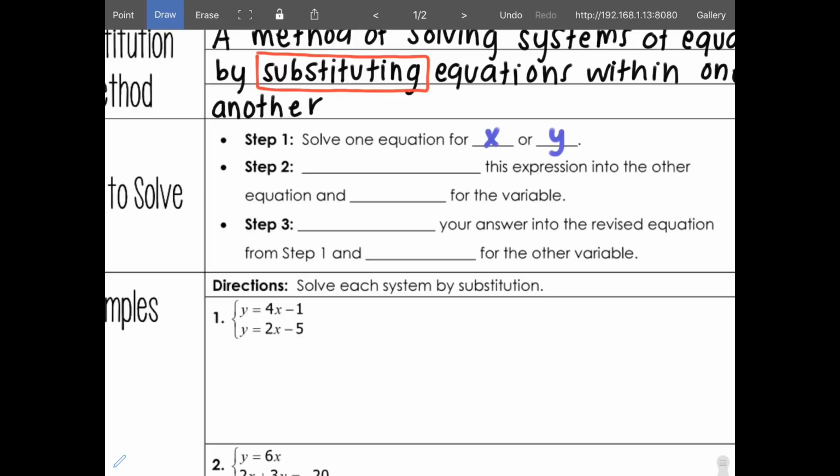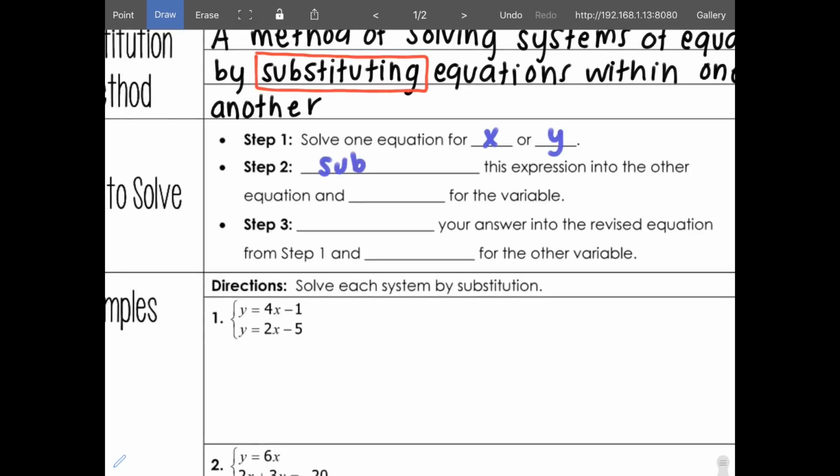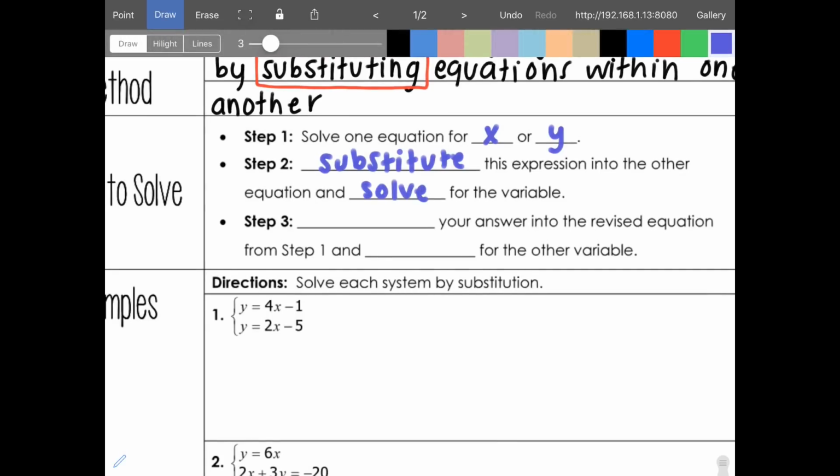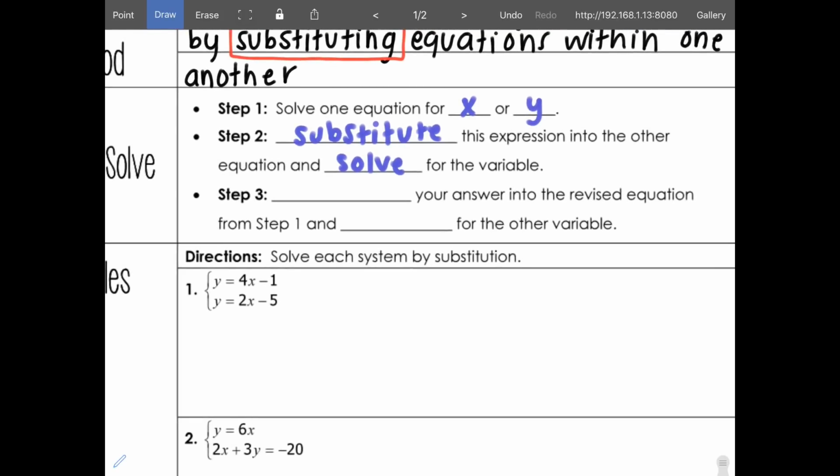So step two, substitute this expression into the other and solve for the variable. And then step three, substitute your answer into the revised equation and solve for the other variable.